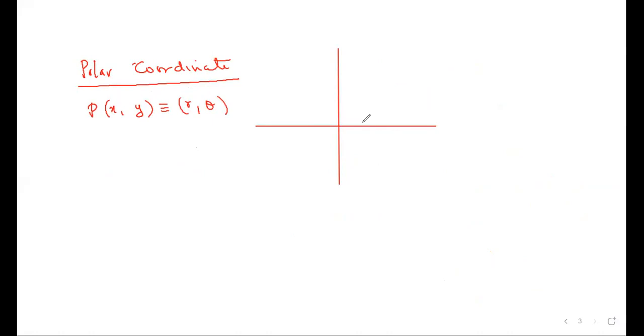If I take an angle theta and rotate through an angle theta, and this radius has length r, and the coordinate of this point is x comma y, then this is called the polar coordinate, and this is called the Cartesian coordinate.